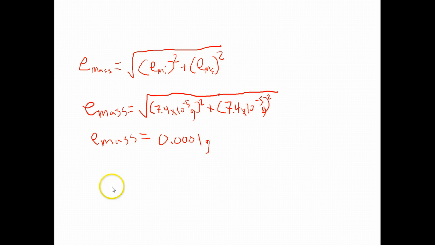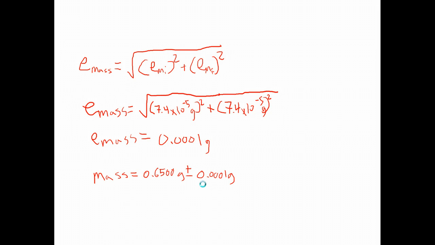So our actual mass, with the error, equals 0.6500 grams plus or minus 0.0001 grams. This tells you the confidence we have in our mass value.